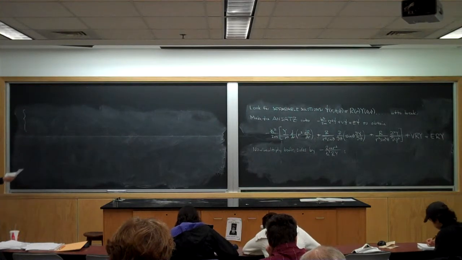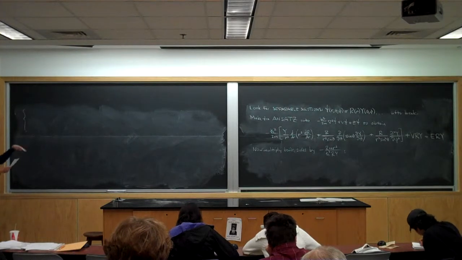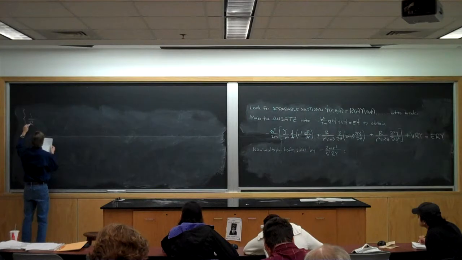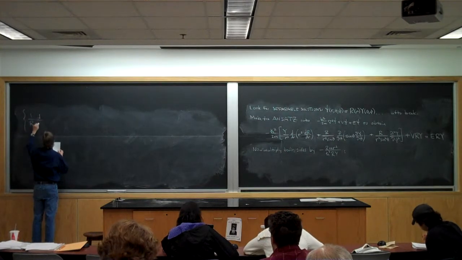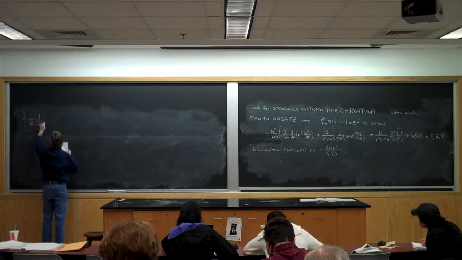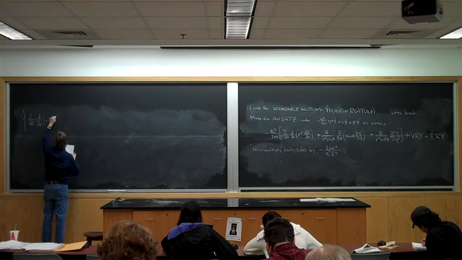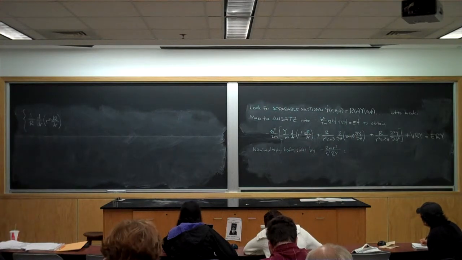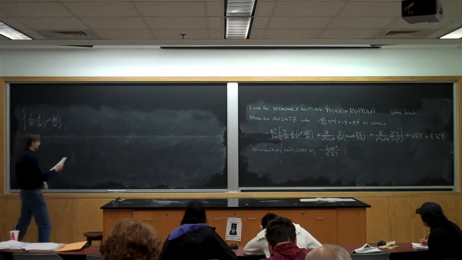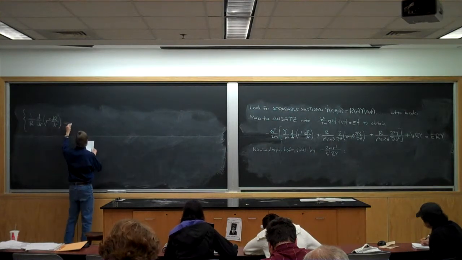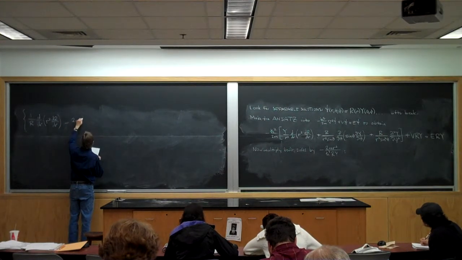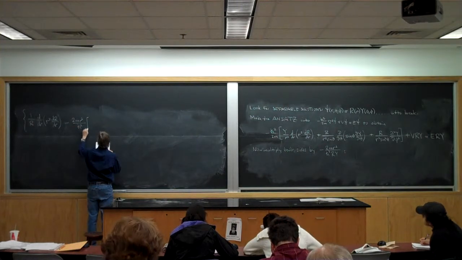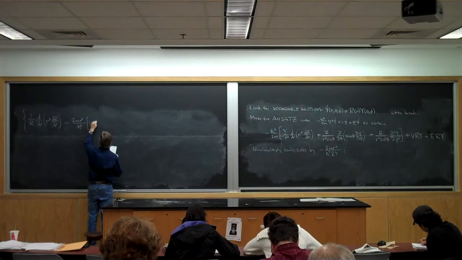Curly brace, the curly brace is going to be because I'm going to say, oh, all this stuff only depends on r. So big curly brace, 1 over capital R, d/dr of r squared dR/dr, again, total derivative because big R only depends on little r, minus 2m r squared over h bar squared times V as a function of r.